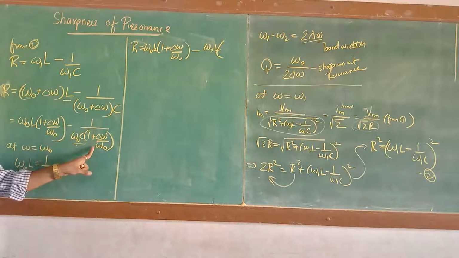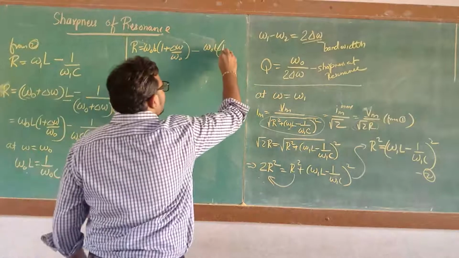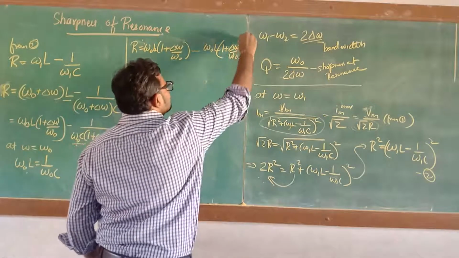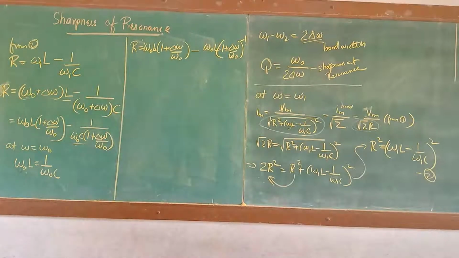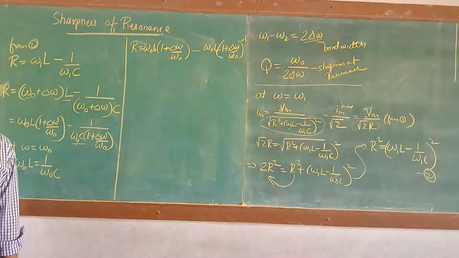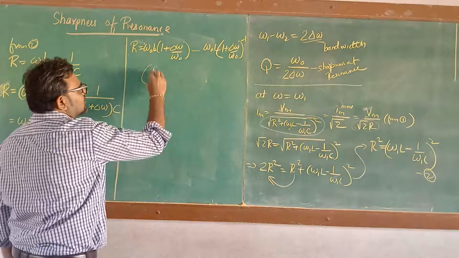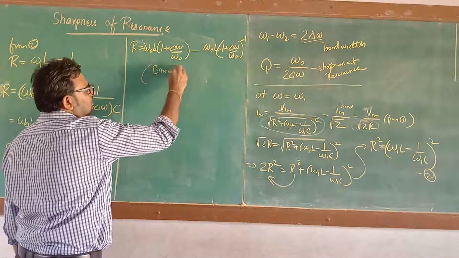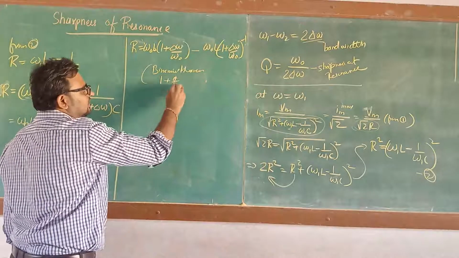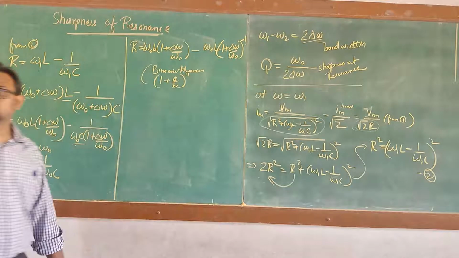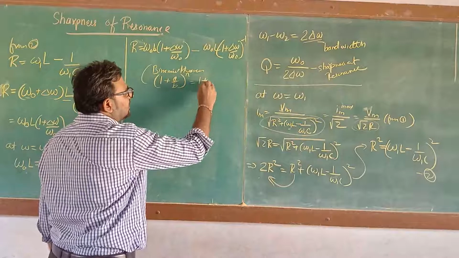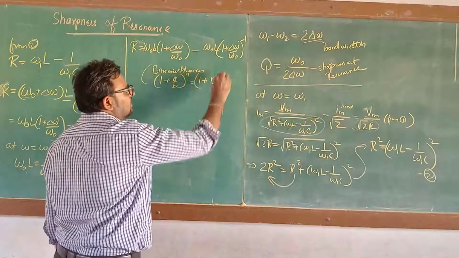So omega 0 L into, since it is in the denominator, I can write it in the numerator with power of minus 1: (1 plus delta omega by omega 0) whole raised to minus 1. Now using the binomial theorem, if it is (1 plus a by b) raised to n, when a by b is very small, this will be approximately 1 plus n a by b.